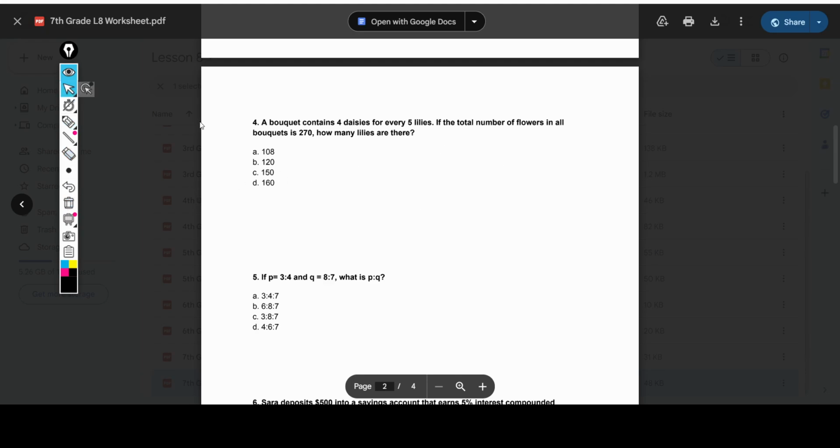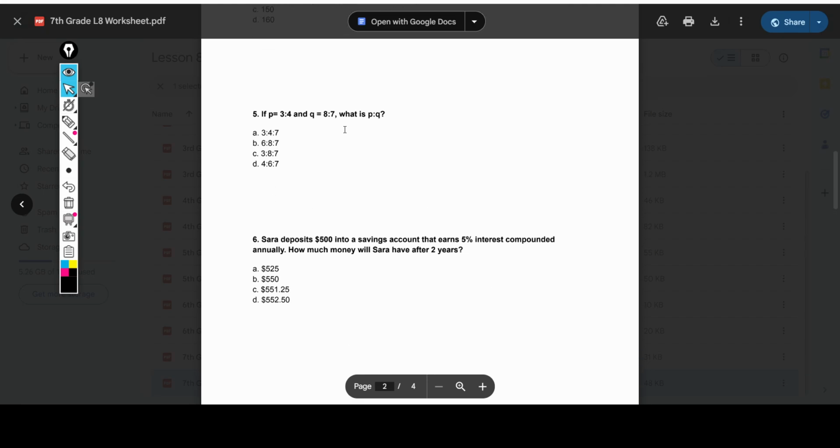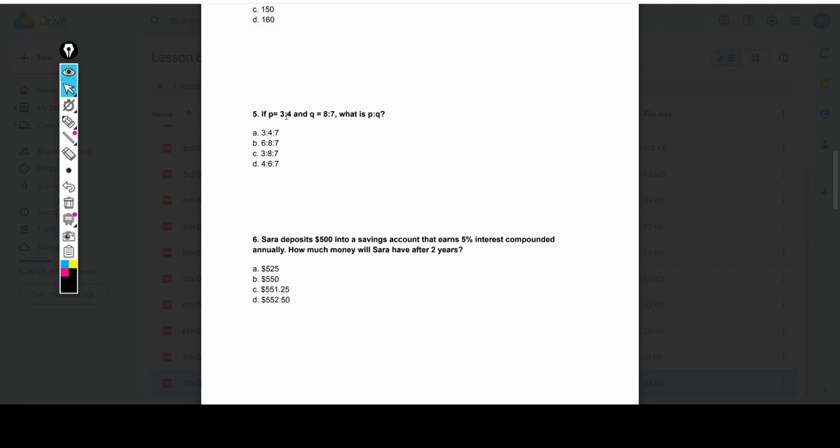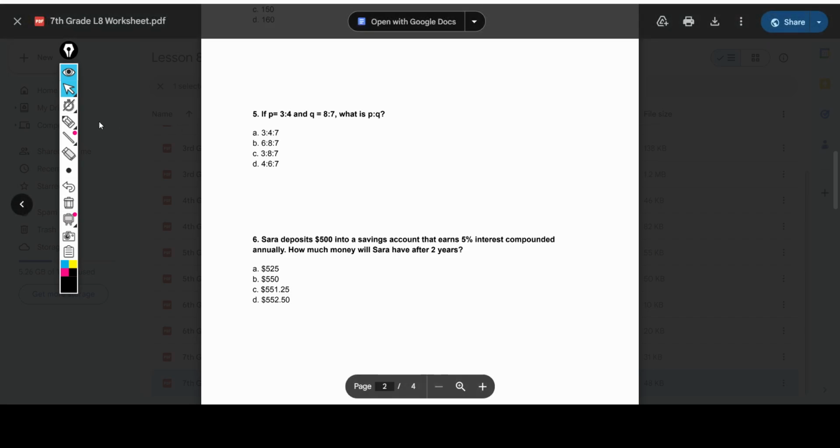And then moving on to our next problem, we have P is 3 over 4, and Q is 8 over 7. So what is P to Q? This is not actually how ratios work.